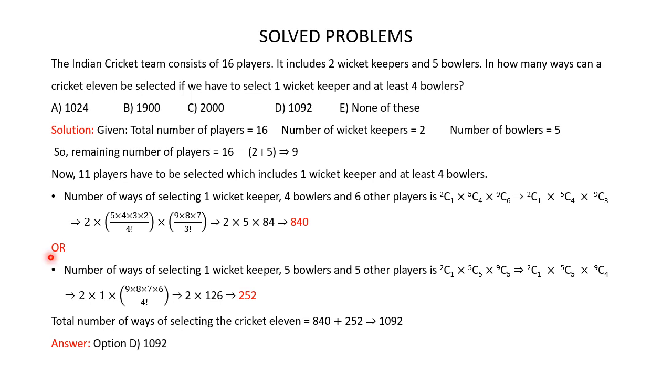Remember that OR means addition. Now let's look at the first case. The number of ways of selecting 1 wicket keeper, 4 bowlers and 6 other players.